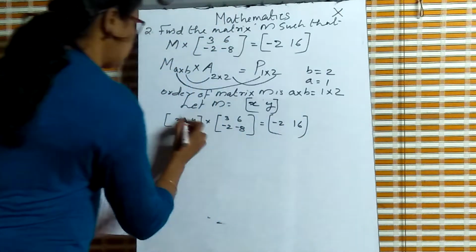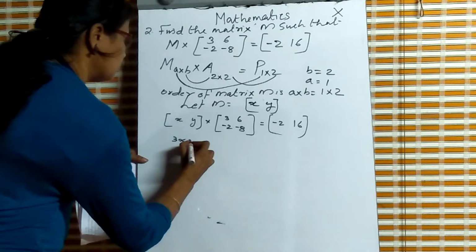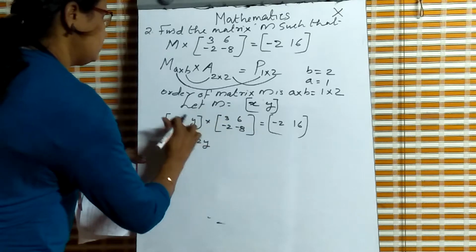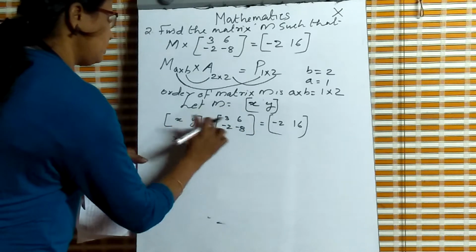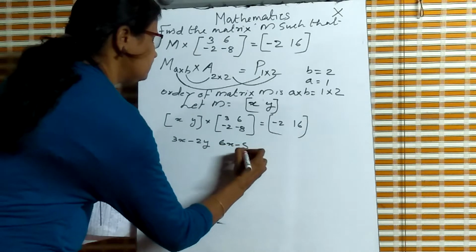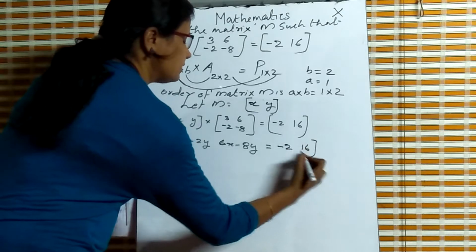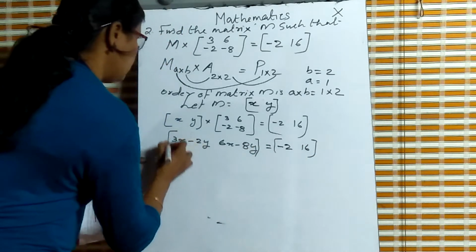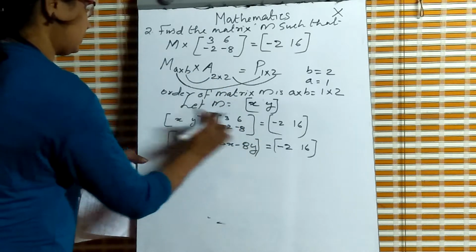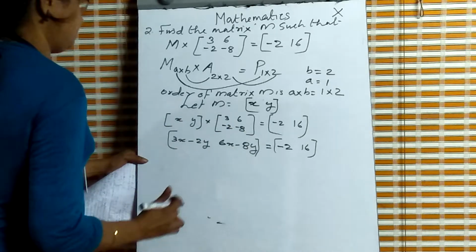Then multiply the left side. First row into first column: 3x minus 2y. Again first row into second column: 6x minus 8y equals [-2 16]. So we get 3x minus 2y and 6x minus 8y.